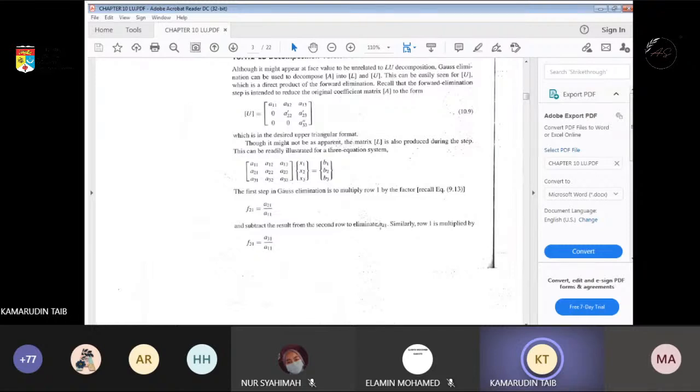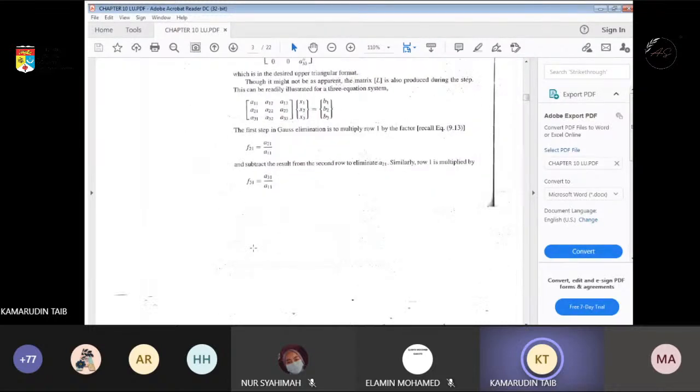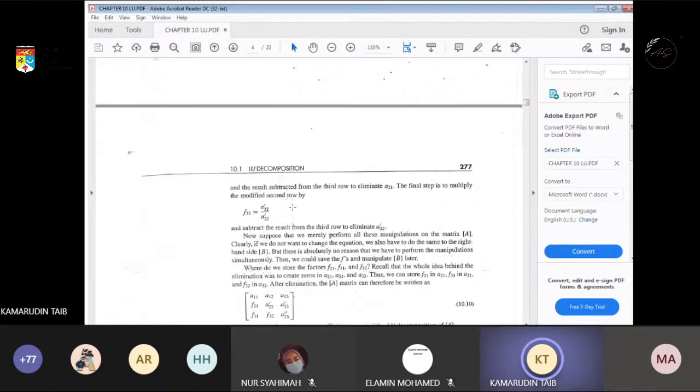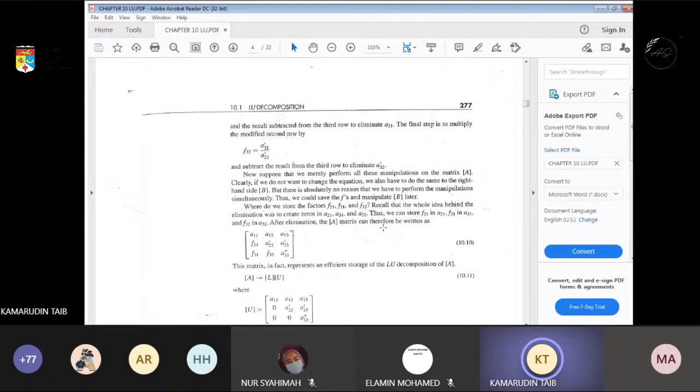Similarly, row 1 is multiplied by f31 equal a31 over a11, and the result subtracted from the third row to eliminate a31 so that it becomes 0. Then the final step is to multiply the modified second row by f32 equal a'32 over a'22 and subtract the result from the third row to eliminate a'32 so that it becomes 0.